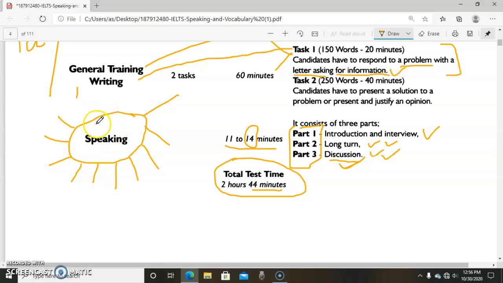And for speaking, there will be a separate session, or an appointment will be made with the British Council, or rather, during the time of your registering yourself, you will specify the day and timing which is available, and then you will be tested. Your speaking will be tested on that day at the time you have specified, right?